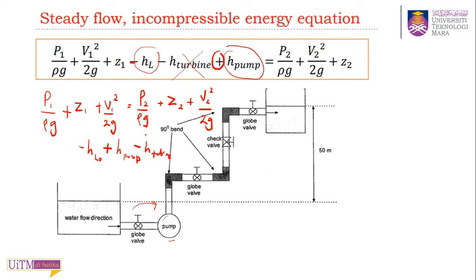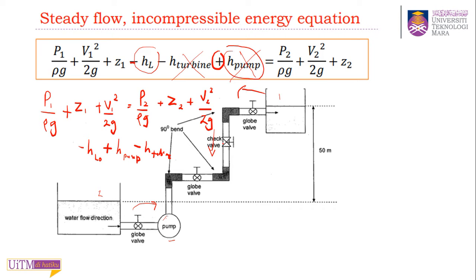If there is no pump, that means you can just ignore the H pump. That means the flow is just depending on the pressure difference, the gravity difference. Let's say the fluid comes from this top reservoir to the lower reservoir, so the fluid flows from here to here.